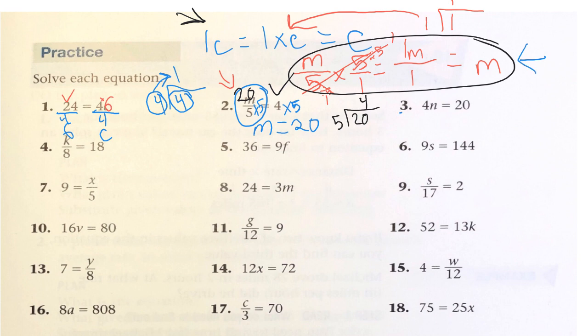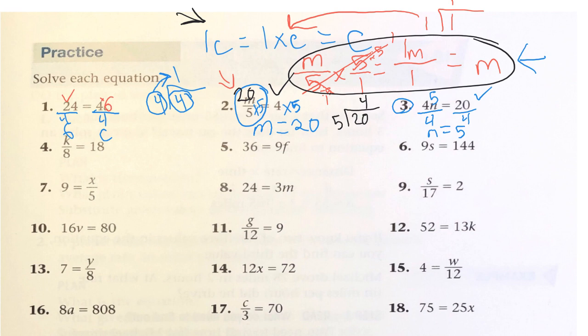So we have for number 3, 4n equals 20, which means multiplying. So the opposite of multiplying is dividing, and you divide by the number that's with the variable, in this case a 4. Do it to both sides of the equal sign, and you're just left with the variable on one side and the answer on the other. Now, if we did 4 times 5, we would get 20.